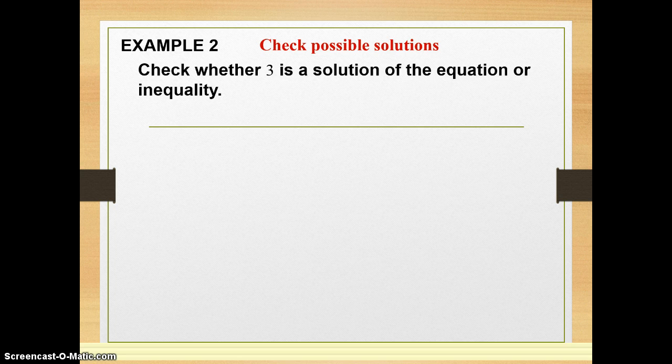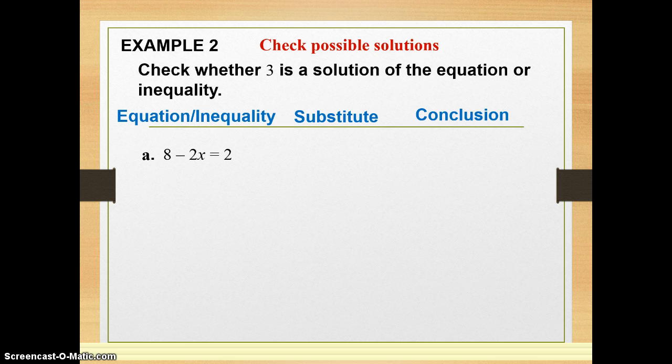We want to check whether 3 is a solution of the equation or inequalities. So in our first example A, we have the equation 8 minus 2x equals 2. So we want to substitute 3 in for x and evaluate to see if this is true.